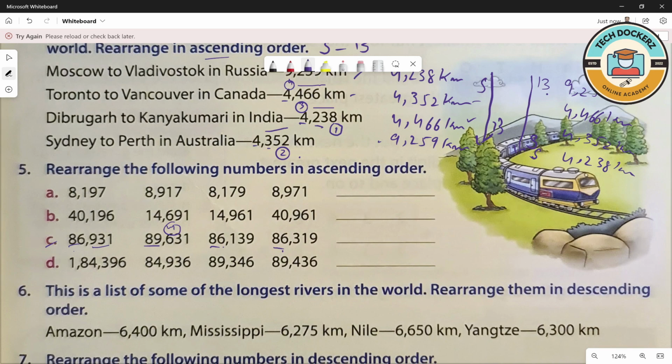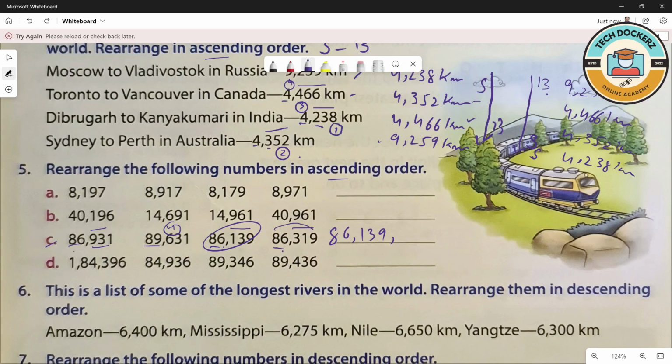So let's move to the ones period. The ones period starts with 900, 100, and 300. So which value is smaller? 86,139 is the smallest value. 86,139 is the first smallest number because we are arranging in ascending order.